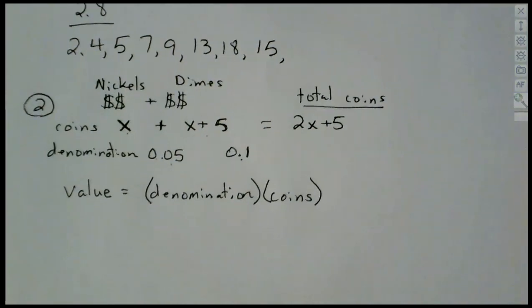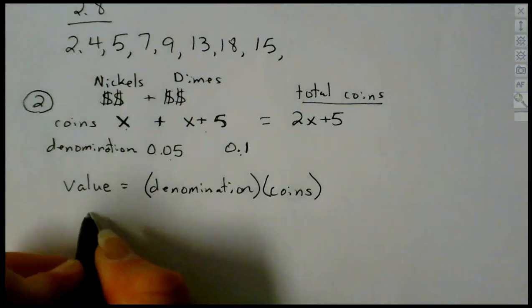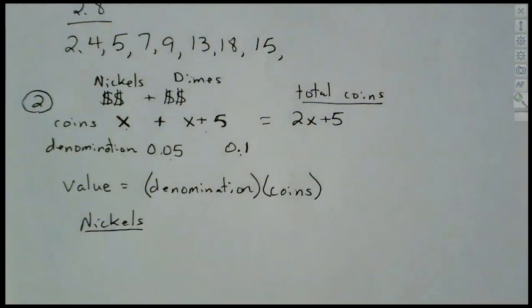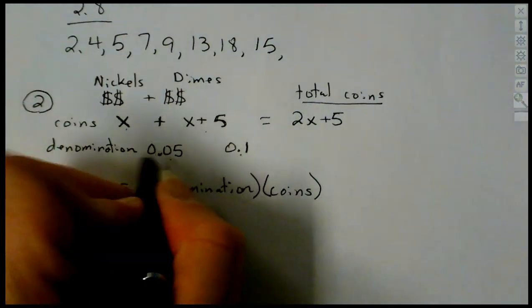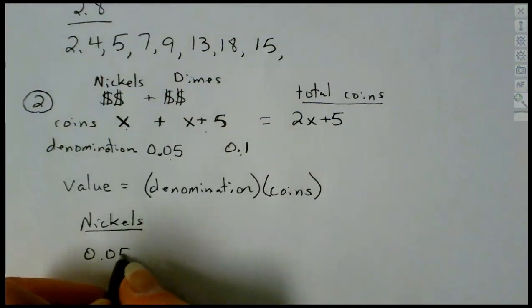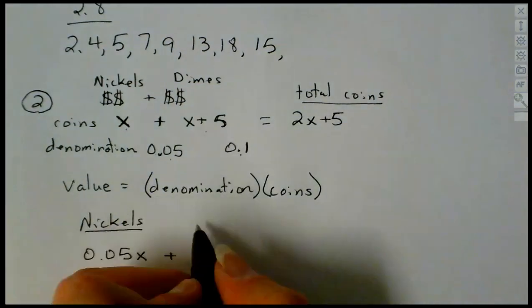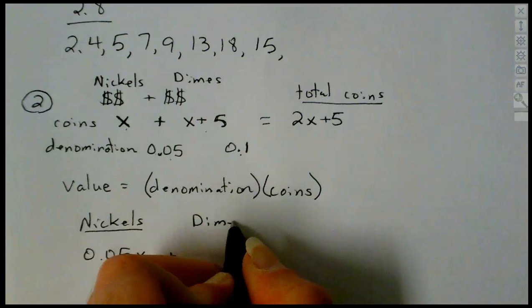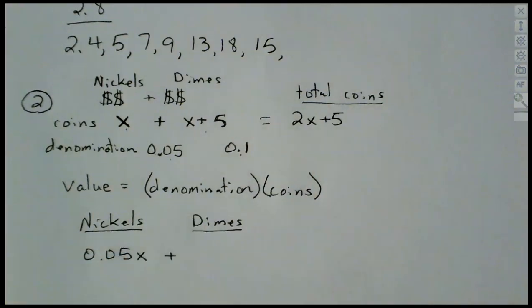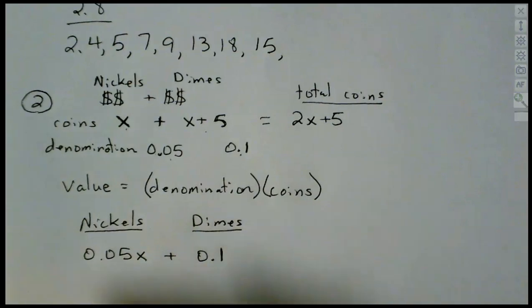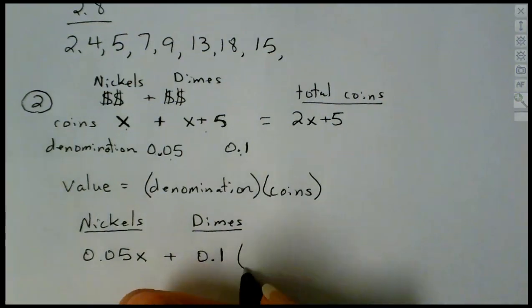So let's look at our nickels. Okay, the nickels are worth 5 cents apiece, so that's 0.05x. And then we're going to add to that the number of dimes. Dimes are worth 10 cents, so that's 0.1. And how many dimes do we have?